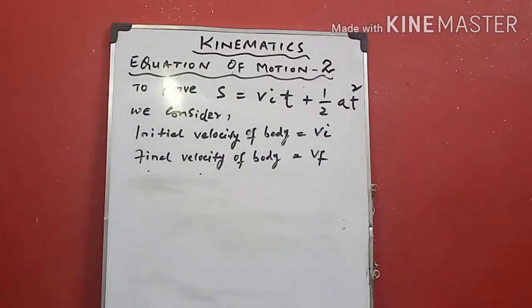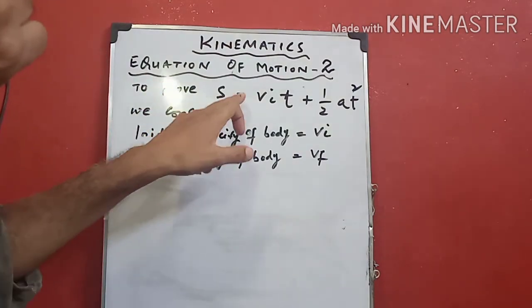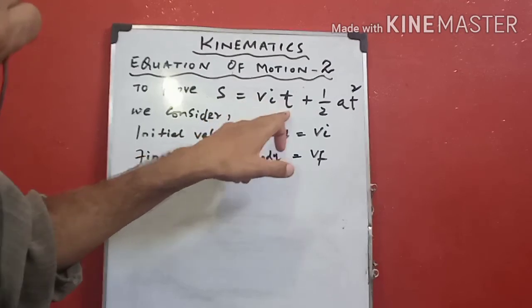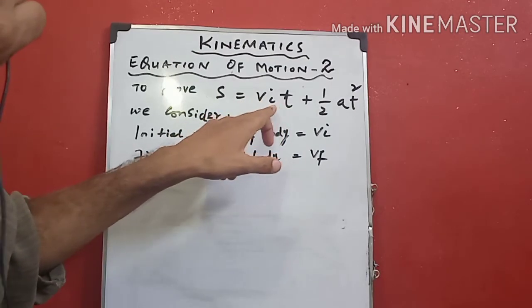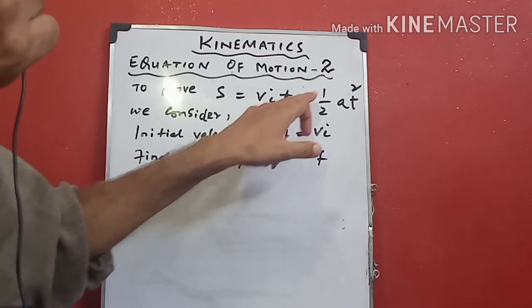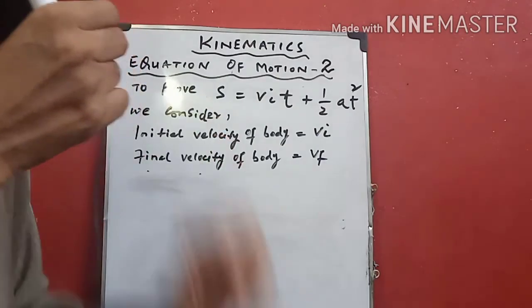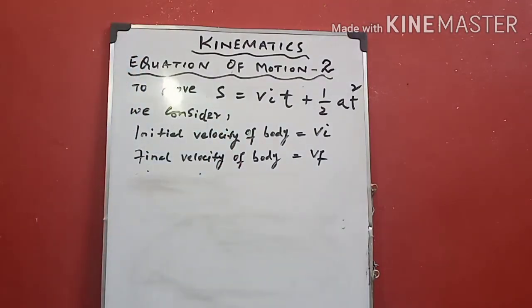Students, now come to equation of motion number 2. To prove S, meaning distance, equals Vit, that is the product of the initial velocity multiplied by time, plus half At square. This is the second equation of motion.